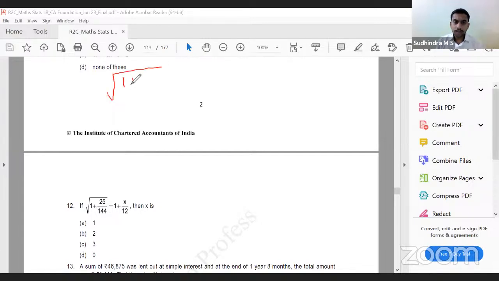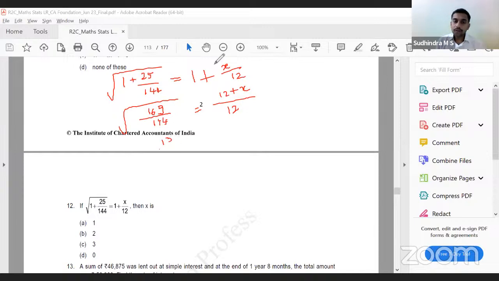Square root of 1 plus 25 by 144 is equal to 1 plus x by 12. So if I take 144 LCM, I get 144 plus 25, which is 169, is equal to, if I take 12 LCM, 12 plus x. What is root 169? 13.